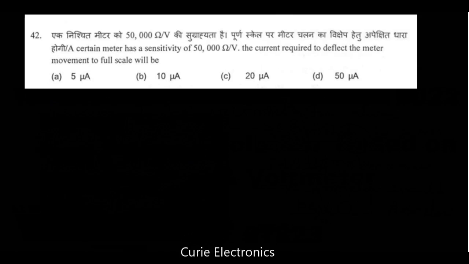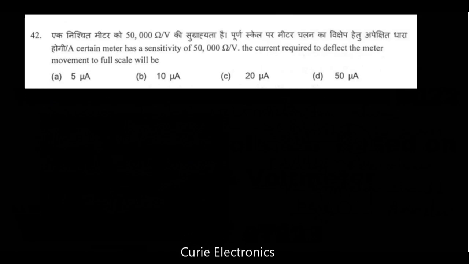A certain meter has a sensitivity of 50,000 ohm per volt. The current required to deflect the meter movement to full scale will be?